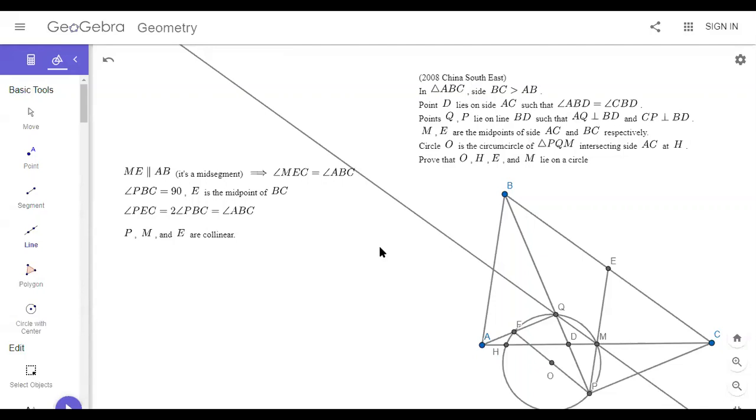Like if PM passes through the midpoint of AC, then by symmetry, MQ should pass through the midpoint of AB. Oh, so by a symmetric argument. Yes, yes. Okay.